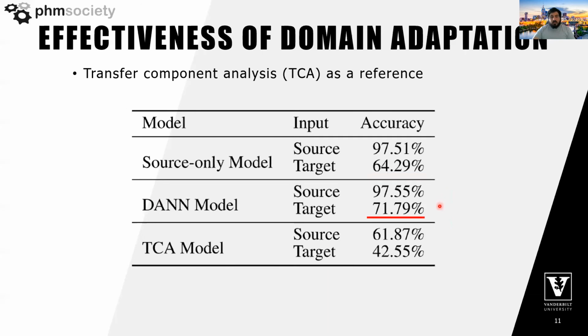And among all of them, TCA produces the lowest accuracy for both source and target domain data. By looking at the results, we can say that DANN outperforms the source-only model and the TCA, and the improvement for the DANN over the source model is about 10%.